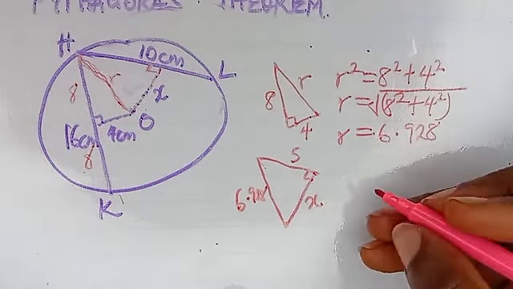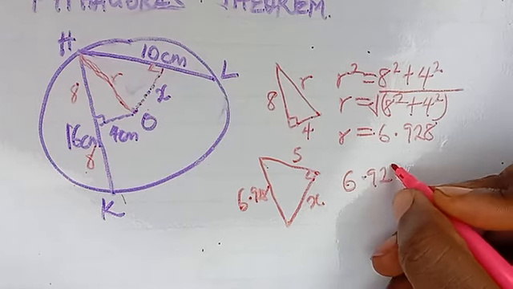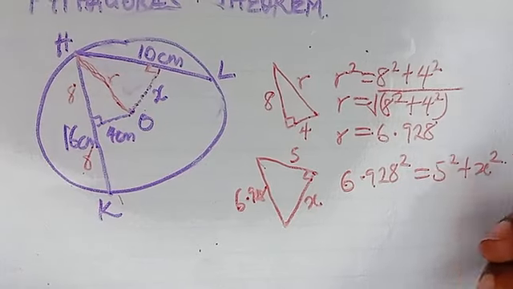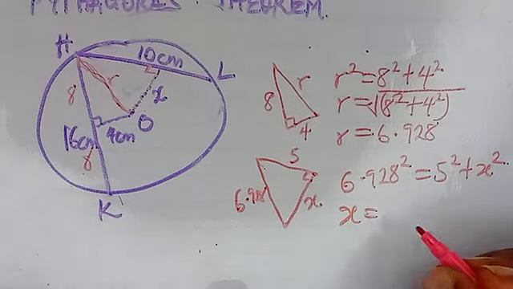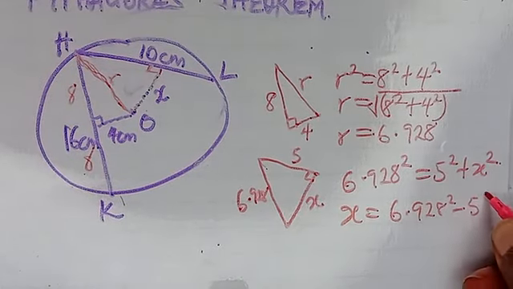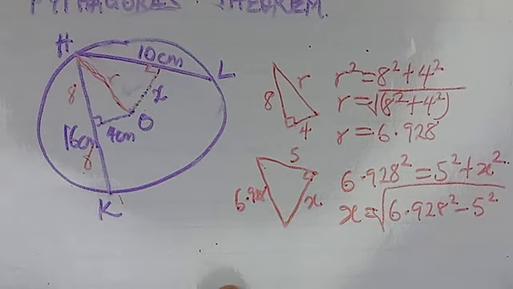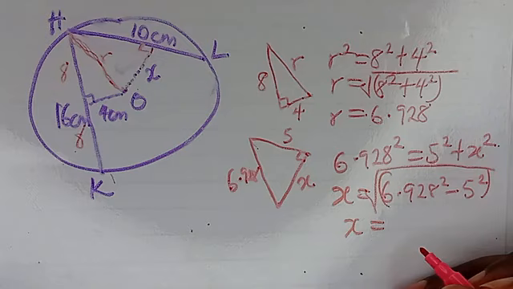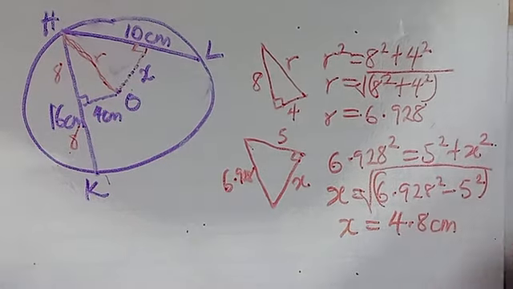So since it's the hypotenuse, 6.928 squared is equal to 5 squared plus x squared, this other part. Now x is equal to the square root of 6.928 squared minus 5 squared. When we do that, we have that x is equal to 4.8 cm.